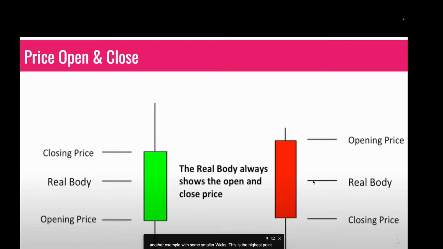Just to show you guys one more time the basics of what I just discussed: the real body, those are the actual opening and closing prices. If it is bullish, you are opening low and closing high. If it is bearish, you are opening high and closing low. And the wicks that you will see coming off of the candles, out of each end, are just testing of price areas, but not the official open and close.